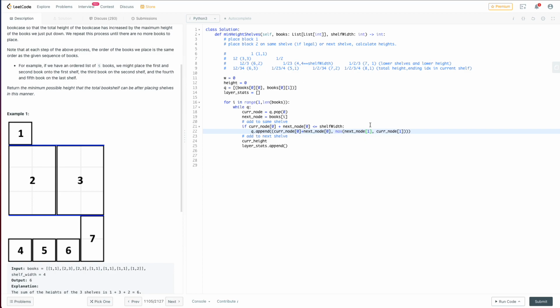Otherwise, we would take the next node's height as the representative height of this current shelf. So this adds stuff to the same shelf.